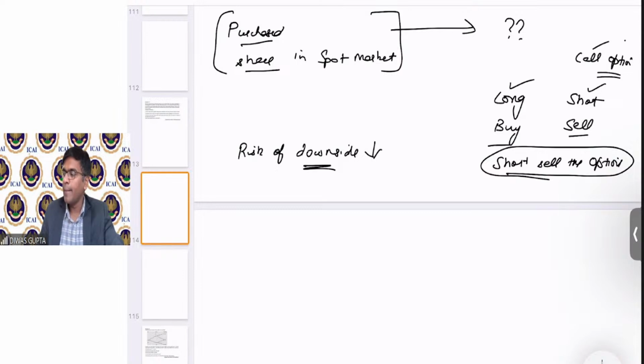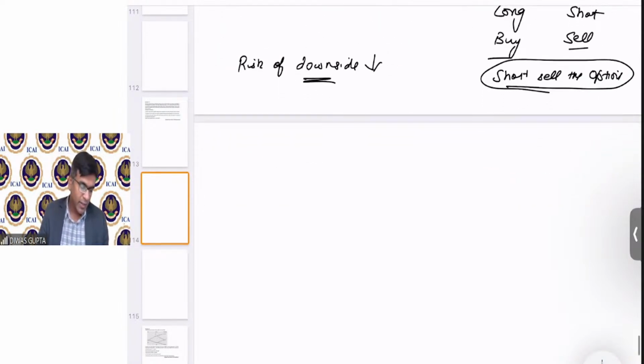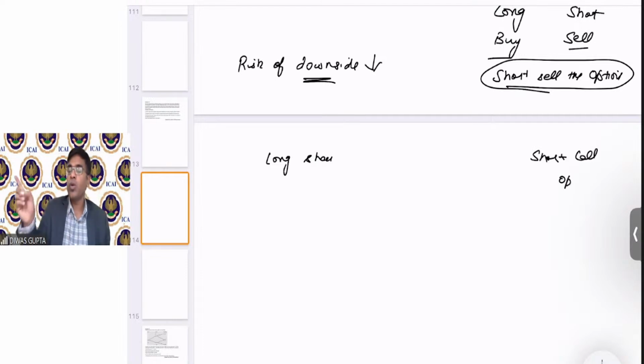Yes, Tanisha. So this is clear that if we are longing the shares, we have taken a long position in shares, we will take a short position in call option. I have not yet gone to the put option. Put option we will discuss later. But at least for call option, we will take a short position.